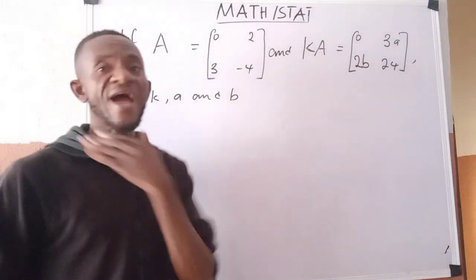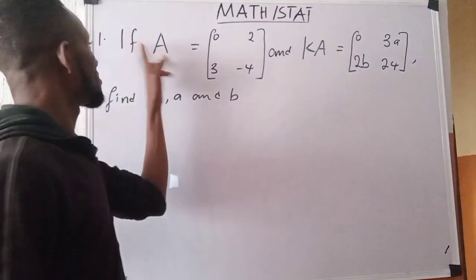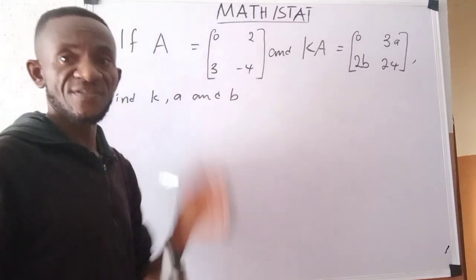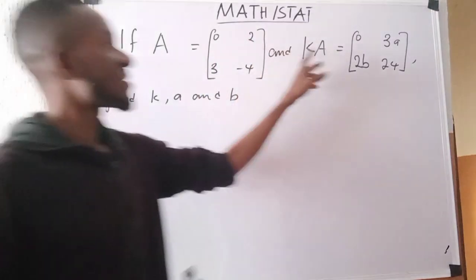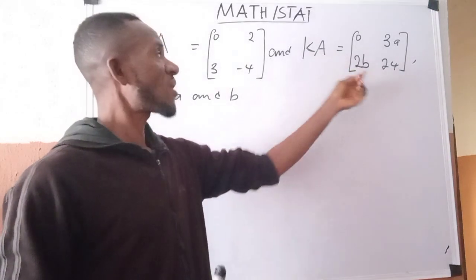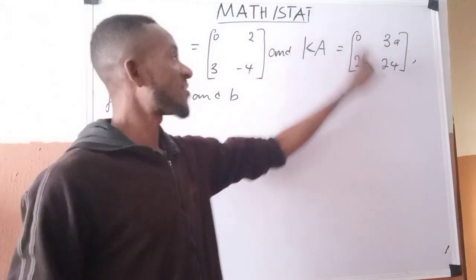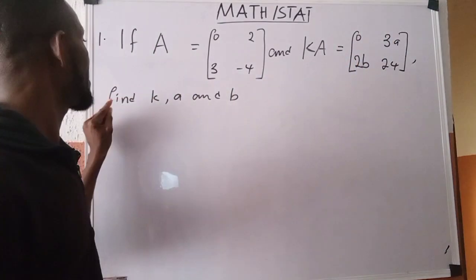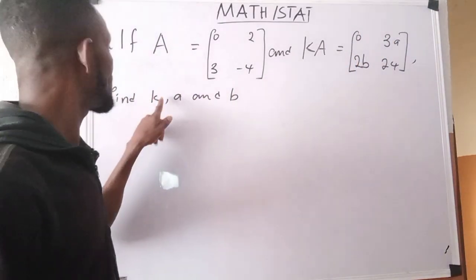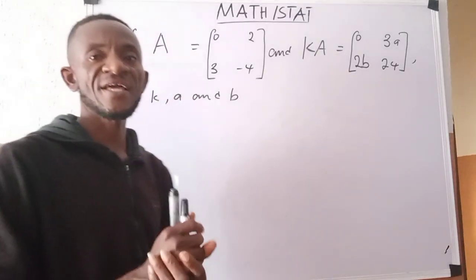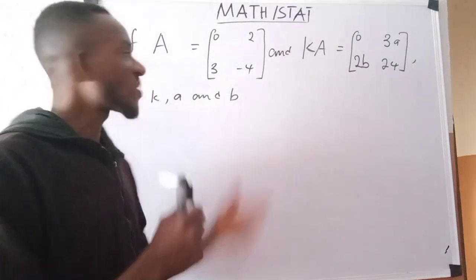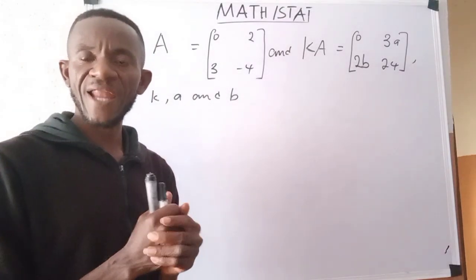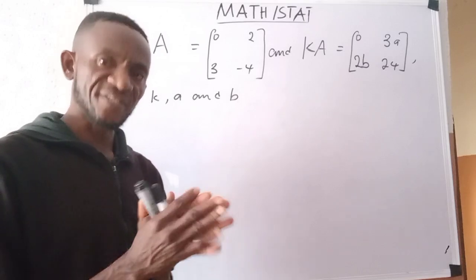The question says, and I read, if A is a 2 by 2 matrix defined with the following entries, and KA is also a matrix defined with these 2 by 2 entries, we should find the values of K, A, and B. We can only solve this problem successfully if we know what we call scalar multiplication of a matrix.